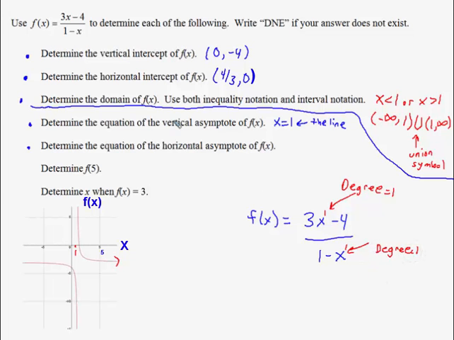So the rule for horizontal asymptotes is that if the degrees are the same, you will get a horizontal asymptote. So it'll be the equation of a horizontal line, which is always written y equals some number. And that equation would be found in this case by looking at the leading coefficient. So the leading coefficient is defined to be the number in front of the variable with the highest exponent.